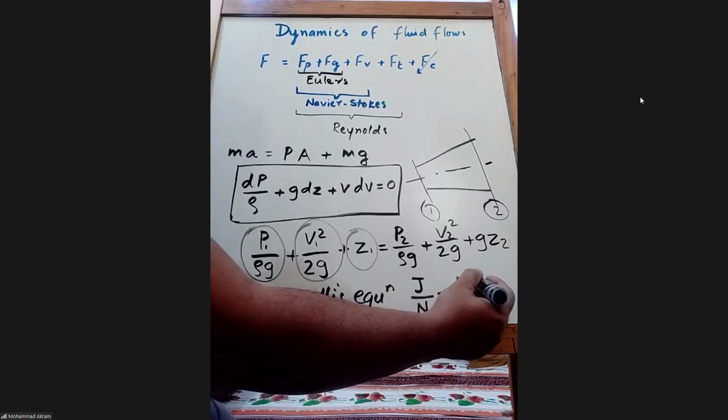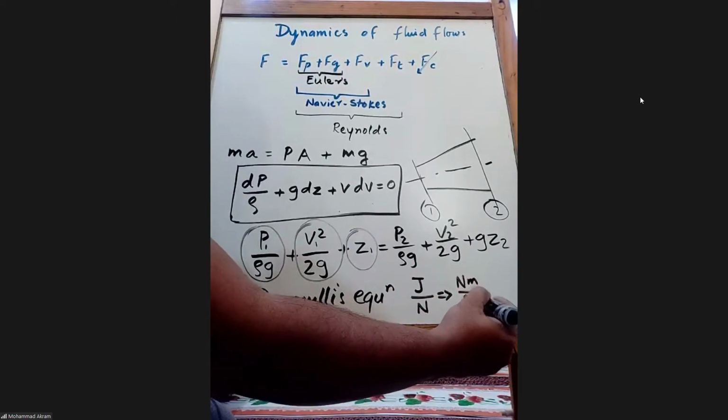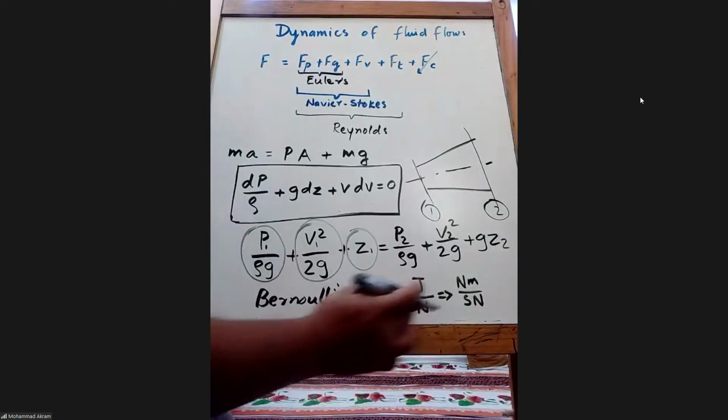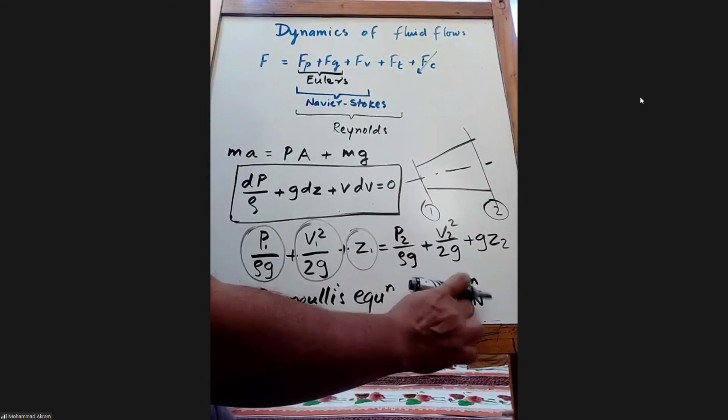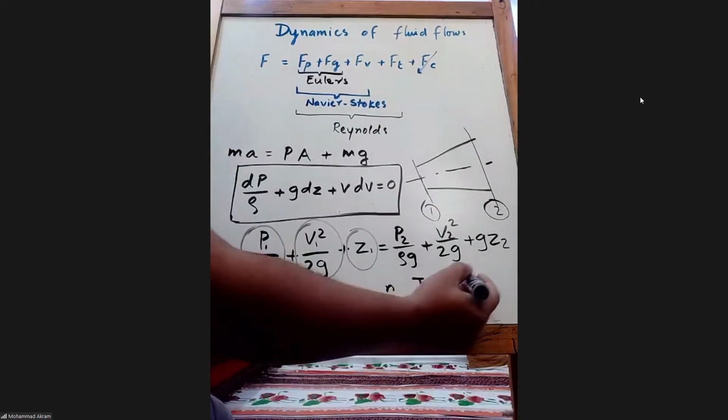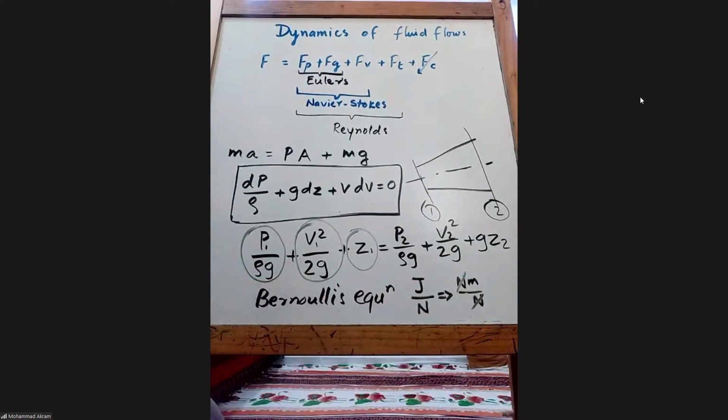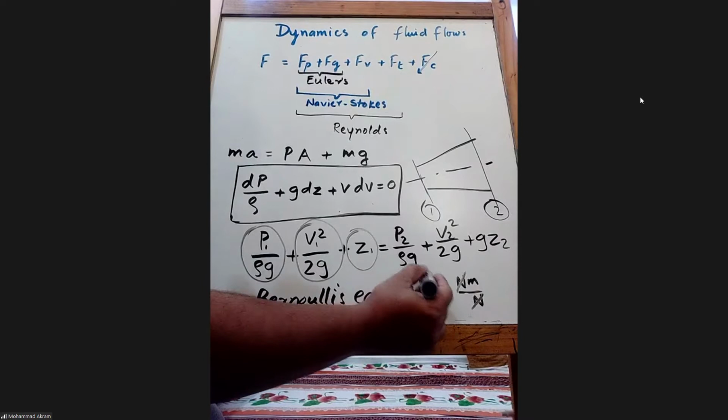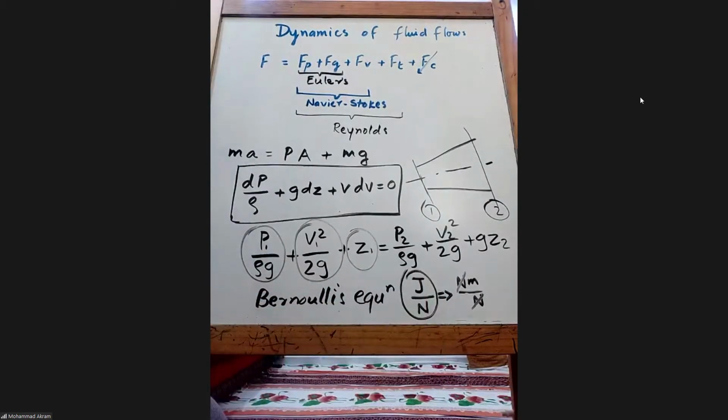Newton meter. Sorry, Newton meter only, not per second. So Newton cancels. So each term in this is energy per unit weight of the fluid. Weight is m into g.